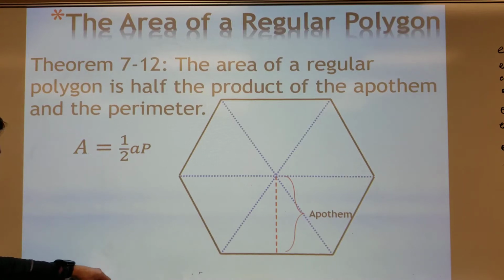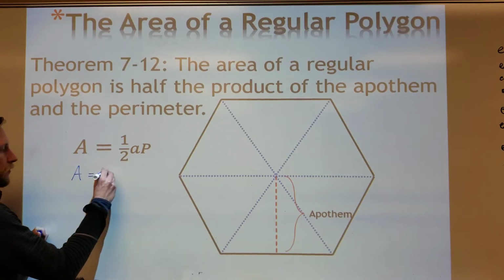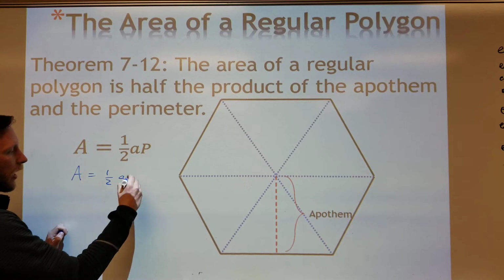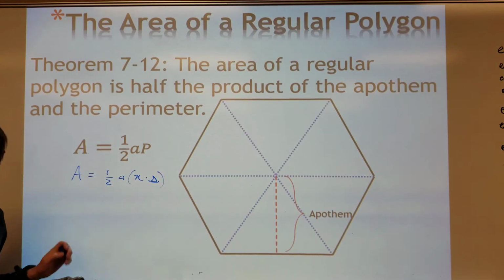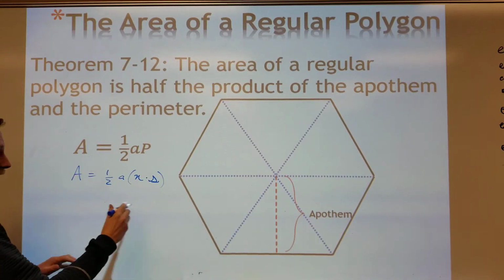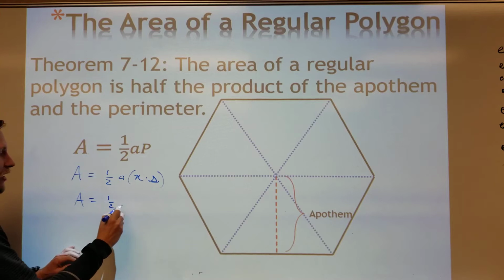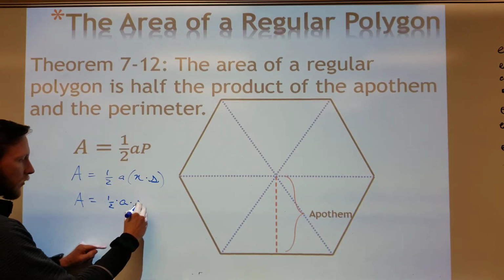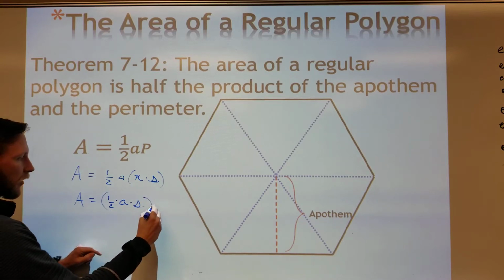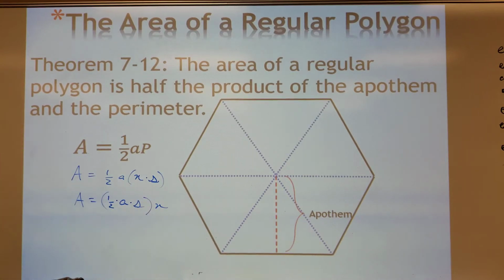Essentially what's happening is this. The perimeter of any polygon is the number of sides times the length of each side. And in this case, we have the apothem times the side length times a certain number of triangles.